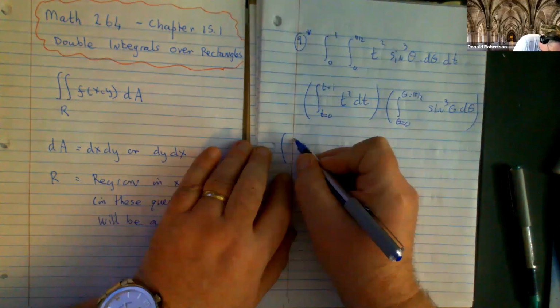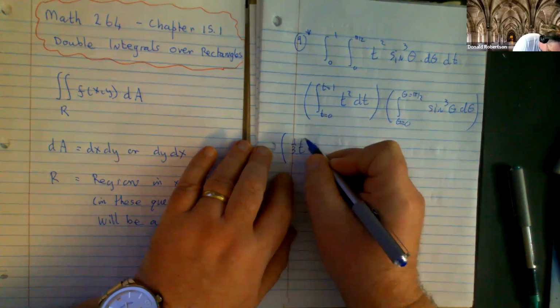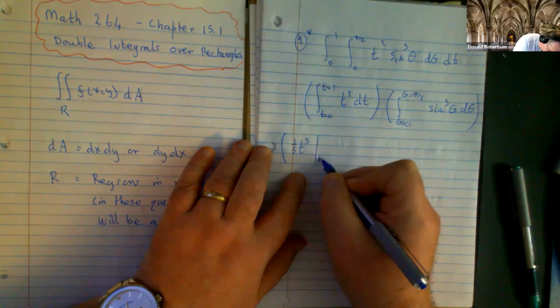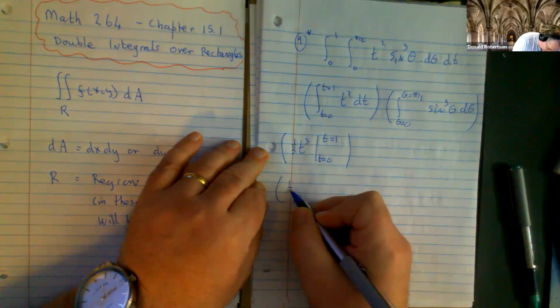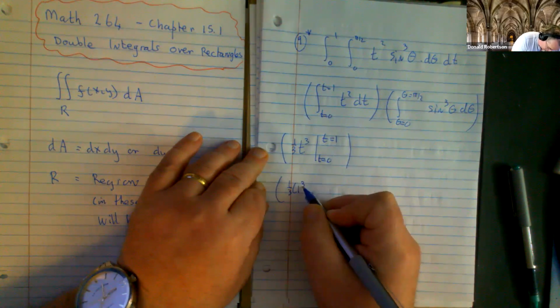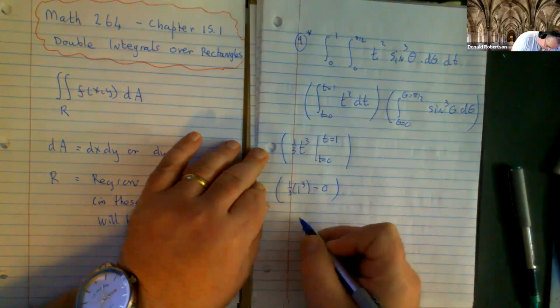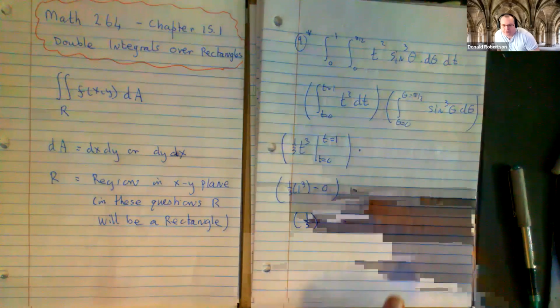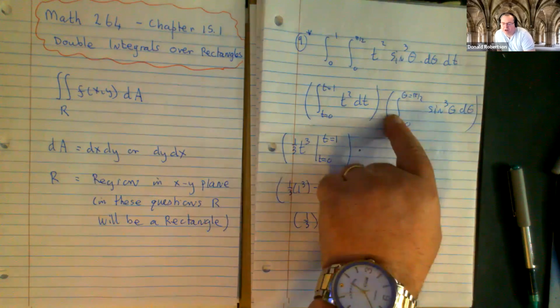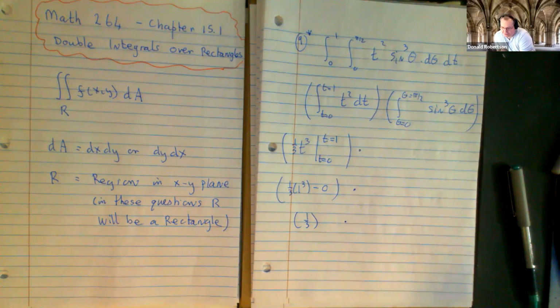Now, this guy is a power rule. Add 1 to the power, divide by the new power, evaluate at t equals 0 to t equals 1. So that's going to be 1/3 times 1 cubed, take away nothing. So the first piece ends up being 1/3. And then you do this one totally separately. But I'm not going to do this one much further.